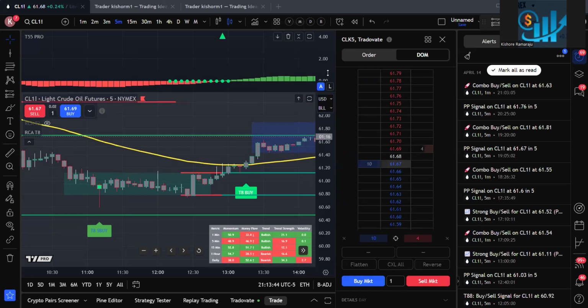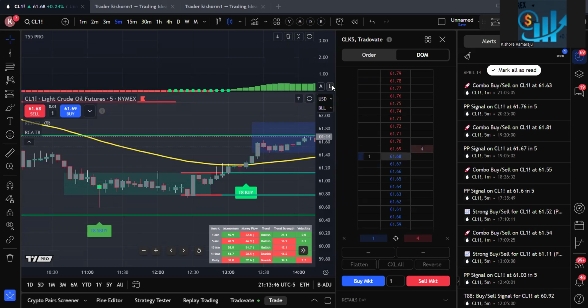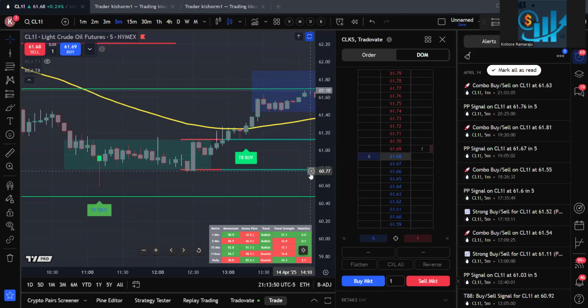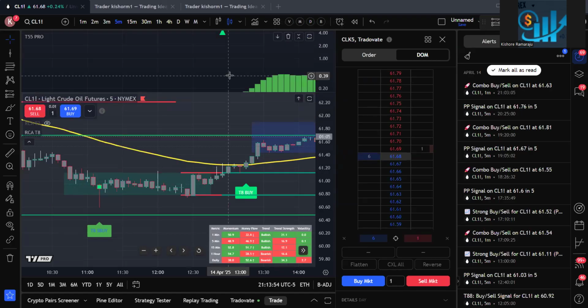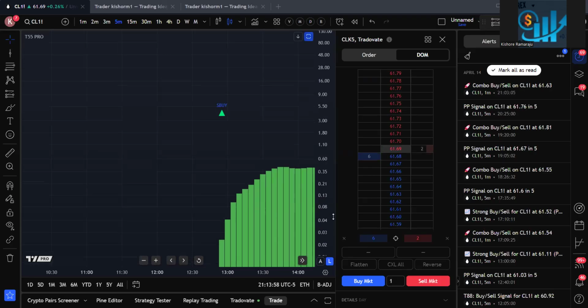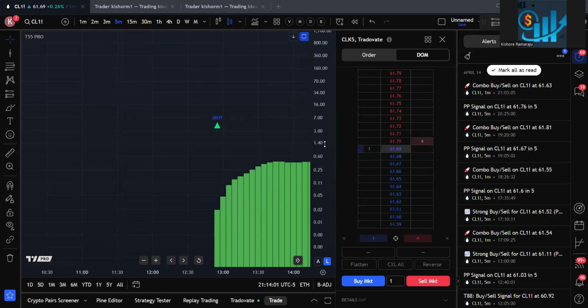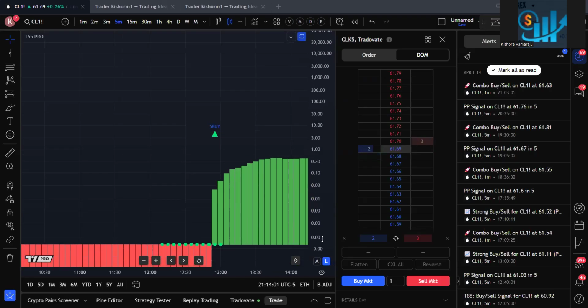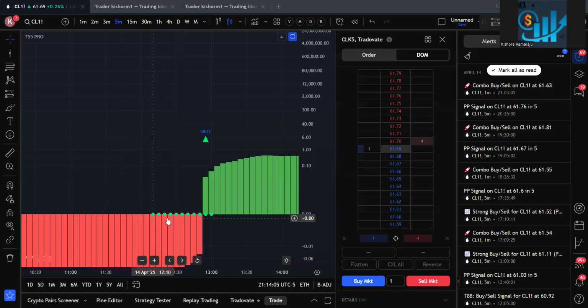So here, if you see something like this, it was in consolidation, or sellers were taking the control, and suddenly you can see the dots.